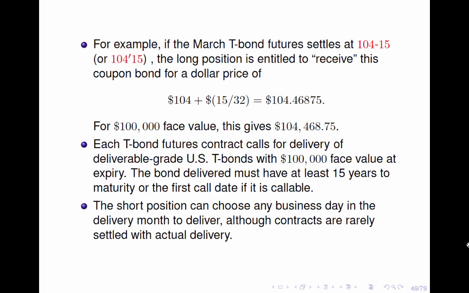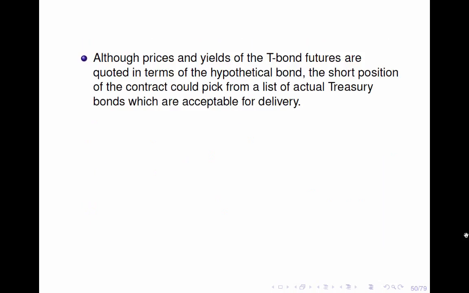The short position can choose any business day in the delivery month to deliver, although contracts are rarely settled with actual delivery. While prices and yields of the T-bond futures are quoted in terms of the hypothetical bond, the short position of the contract could pick from a list of actual Treasury bonds which are acceptable for delivery.